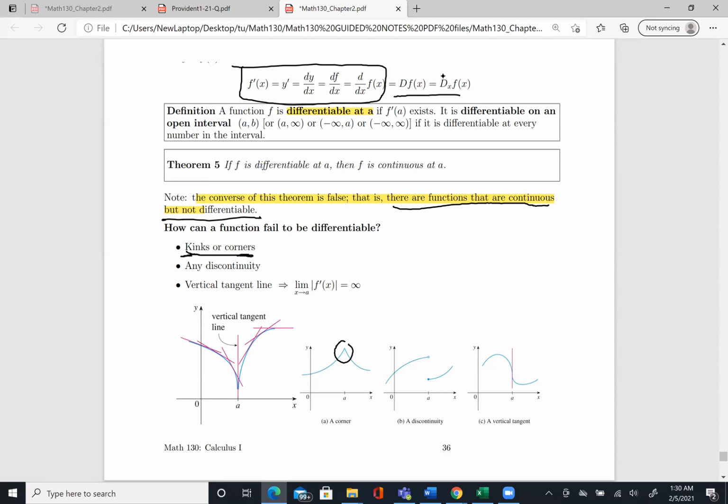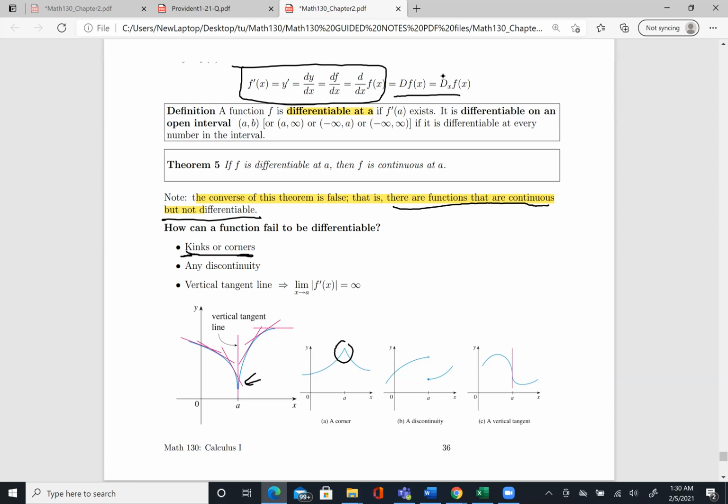Any discontinuity is going to make it not differentiable. And then a vertical tangent line, which is here, I think.